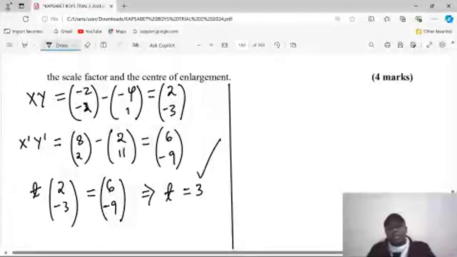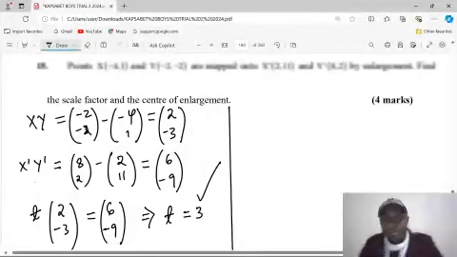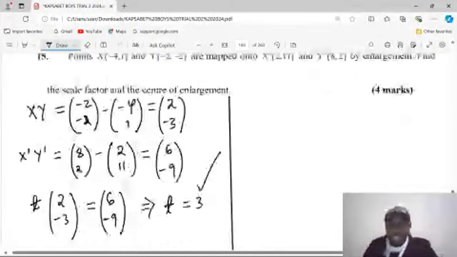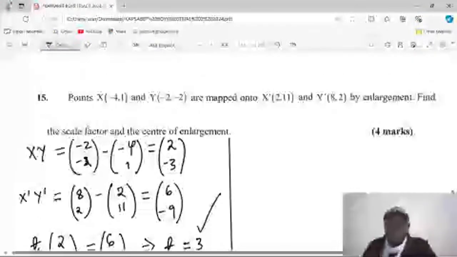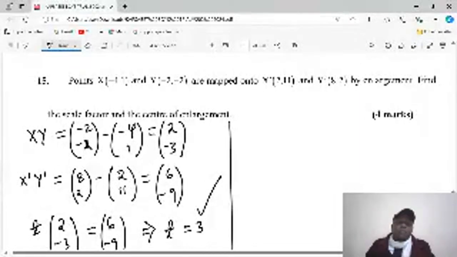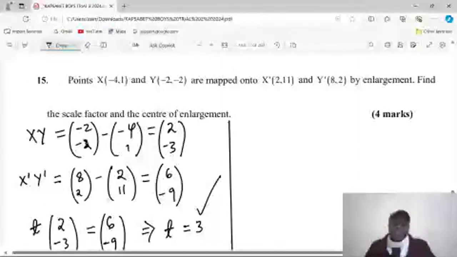Now, with the center, we are supposed to know something again: when we take the distance from a point to the center and divide it by the distance to where the image is, we get the scale factor. Let me show you what I mean.